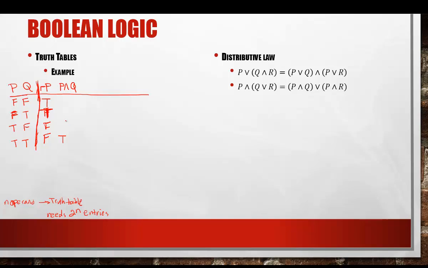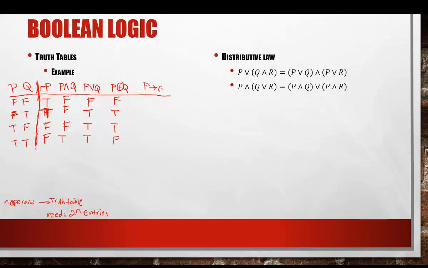If either one of them is false, AND is going to be false, and if both are false, AND is going to be false. P or Q, of course, is going to be false when both are false, otherwise it's going to be true. And then P XOR Q is going to be true when only one of them is true. Otherwise, exclusive OR is going to be false.